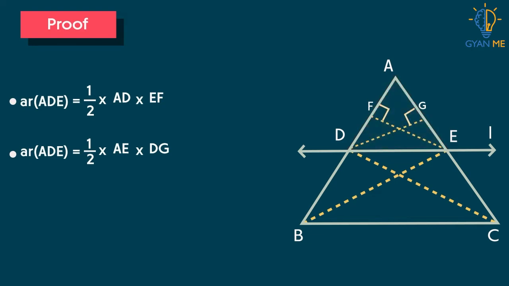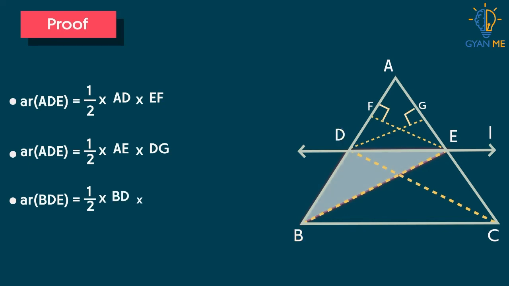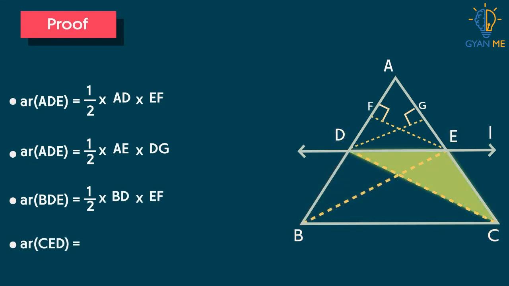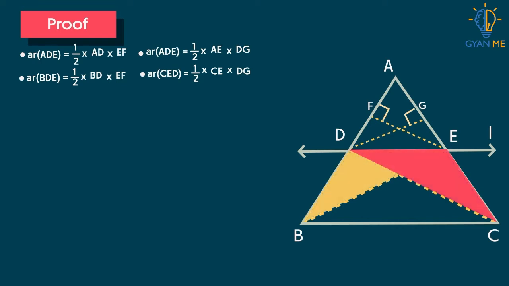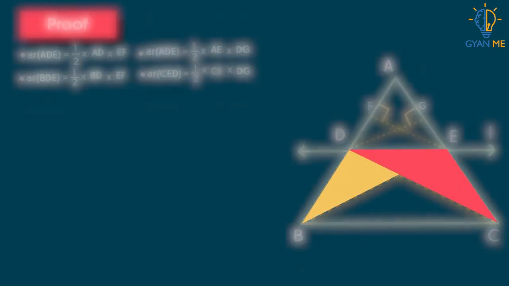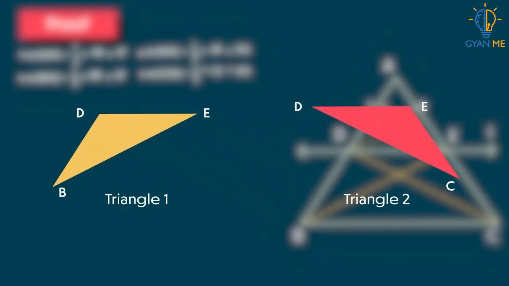Similarly, area of triangle BDE is half into BD into EF, and area of triangle CED is equal to half into CE into DG. Now you must be thinking why we have used EF and DG here. Observe carefully, students.